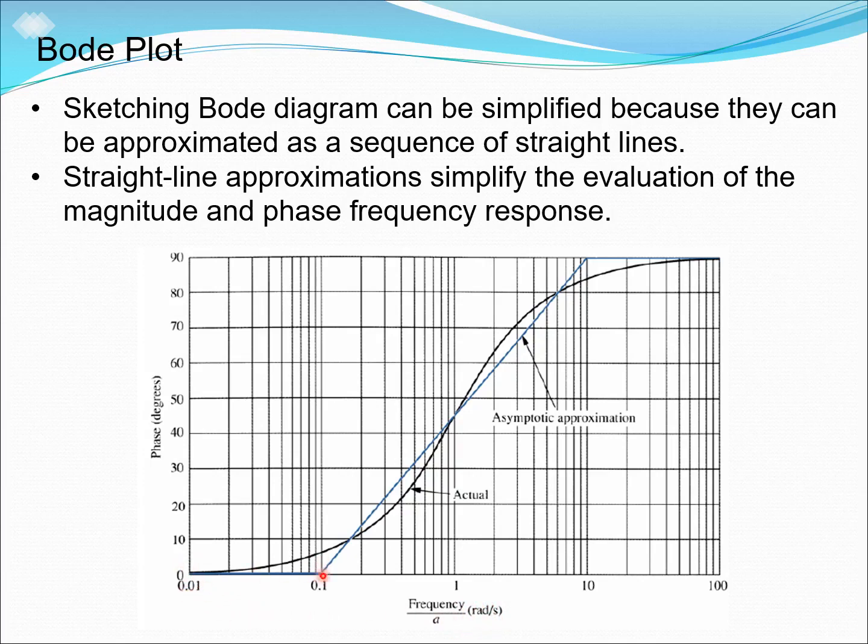We can see that the scaling is in powers of 10, starting with 0.01, 0.1, and it increases by a power of 10: 1, 10, 100. This period over here we can also call a decade, 1 decade, and this is also 1 decade. So the range from 1 to 10 is called 1 decade.